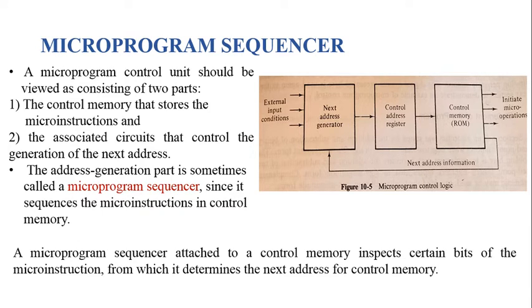That address part indicates the next instruction to be executed. So the next address generation of our microprogram control logic checks the address bits of each micro instruction and decides what is the next micro instruction to be executed.